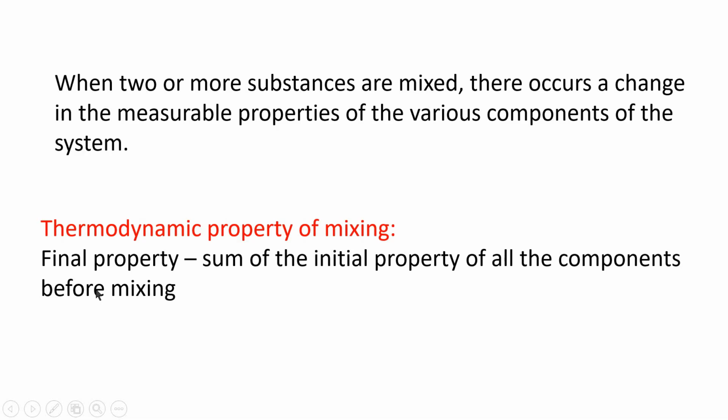Means before mixing of different components, if you add a particular property of all the components, that is the sum of the initial property of all the components before mixing. And after mixing, what will be that property if you measure? That will be the final property. So thermodynamic property of mixing will be final property minus sum of this initial property of all the components.